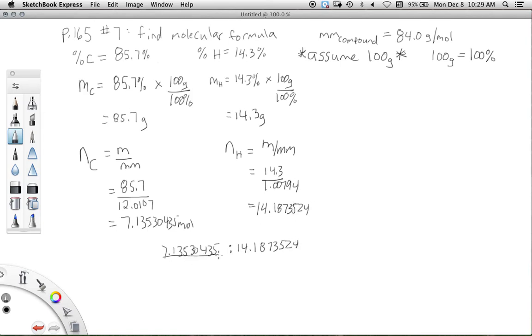Divide by the lowest number. So what I'm doing now is, while that's the ratio, it doesn't look very neat. So I'm going to transfer any uncertainty over here by making one of the numbers perfect. Means that's a 1, and I'm guessing that's going to be 2, a 1 to 2 ratio, but I have to actually do the math. 14.18735 divided by 7.13530435.